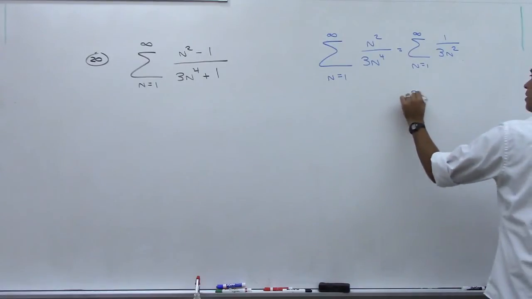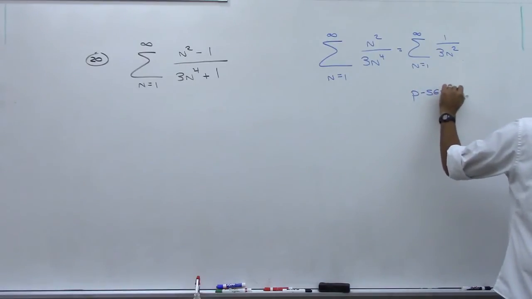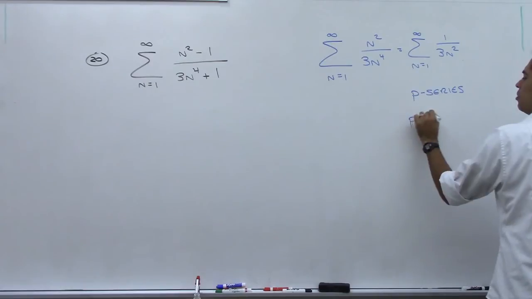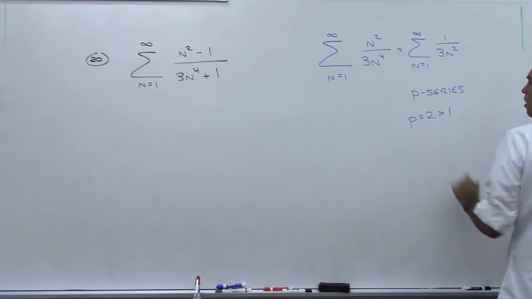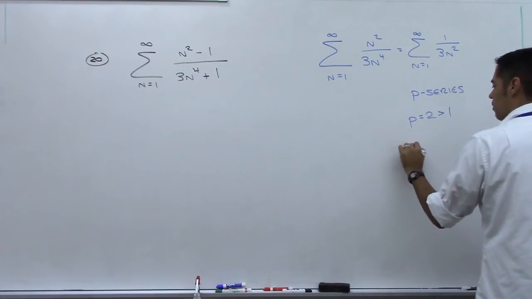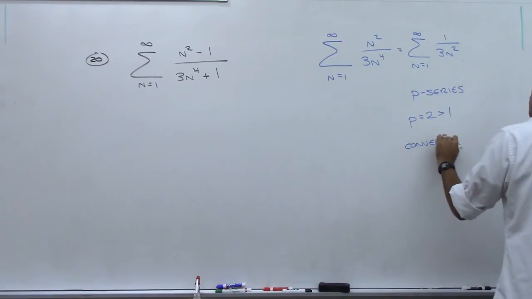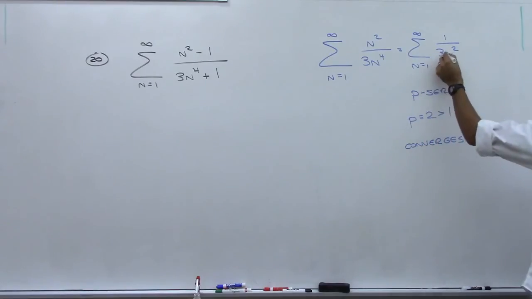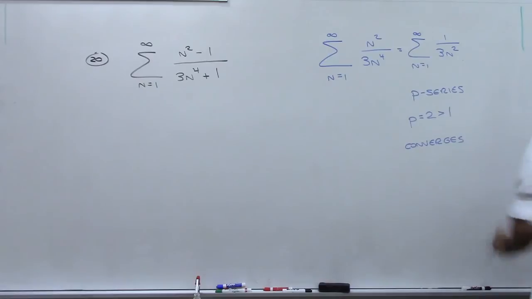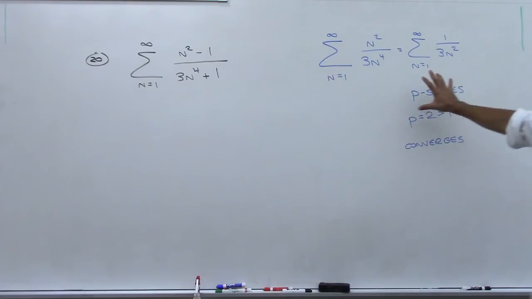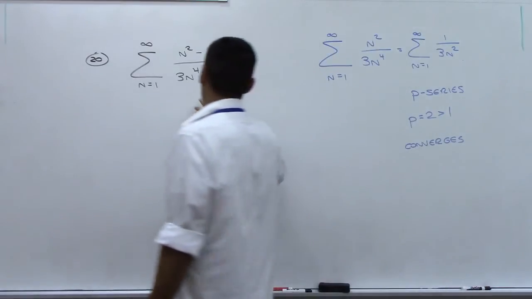This is a p-series with p being 2, which is greater than 1, which means it converges. Remember, the 3 here could come out as a 1/3, and it would still converge. So I've got a convergent series that I think this one compares to.